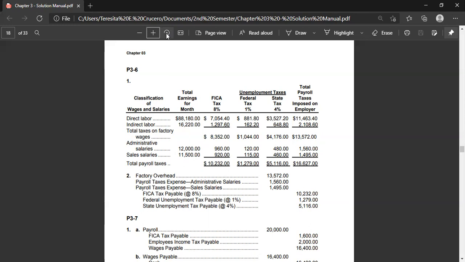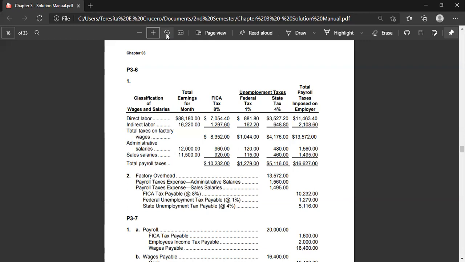Prepare a general journal entry to record the employer's liability for the April payroll taxes. So we now debit to factory overhead for 13,572 only for taxes applicable to factory wages.